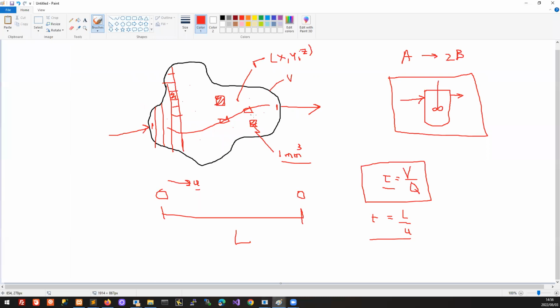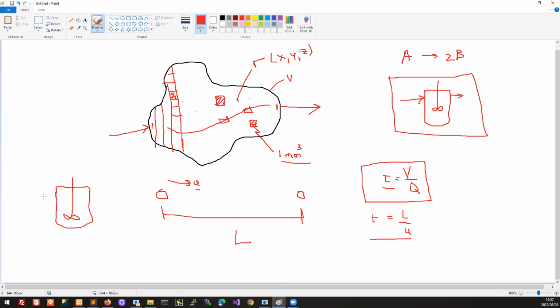The name tells you that we react things in batches. So we have a reactor again, but what we do here is we load all the reactant into this reactor initially, and then we let it react, and then we open up the reactor and we take out the products. So that's how we operate with a batch reactor.